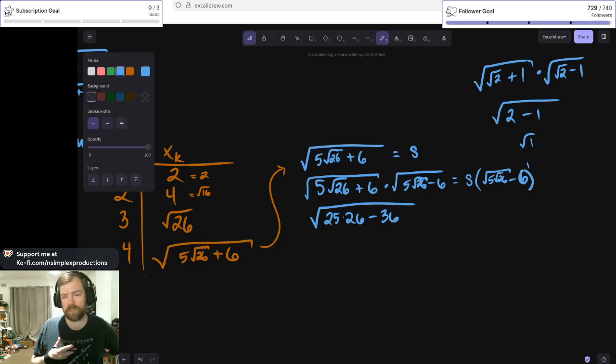So what I want really is an alternate form of that, which does not involve a nested square root.